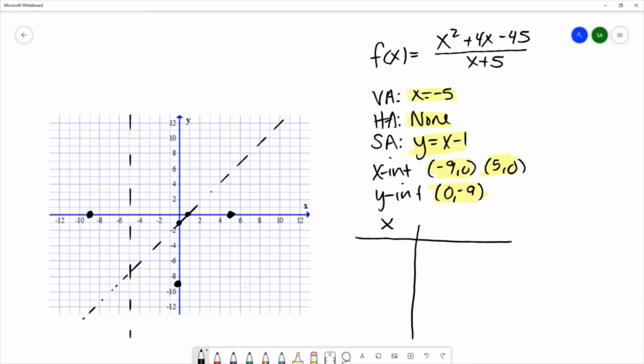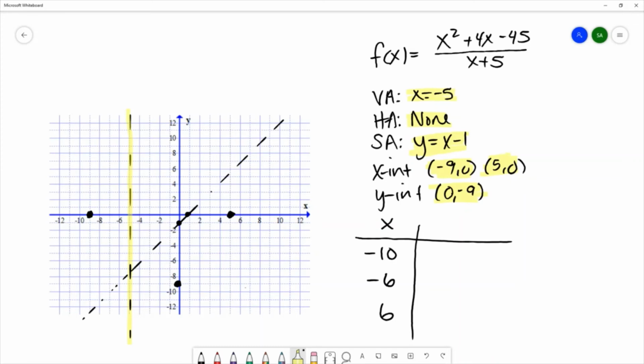So for my x's, I've got -10, -6, and +6. What you want to do is make sure that you pick a few values that are in each section separated by this asymptote here. So we've picked a couple points to the left of that asymptote and a point to the right.